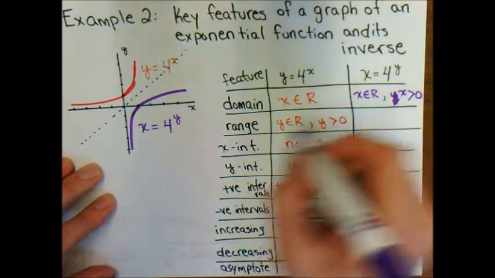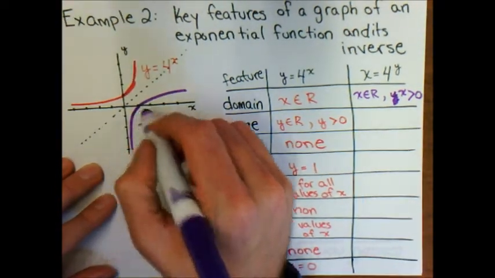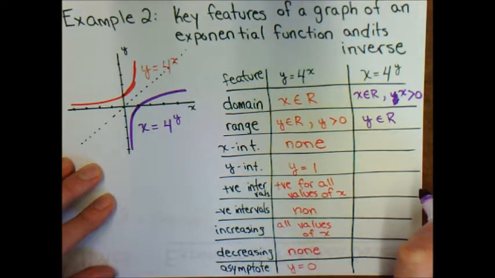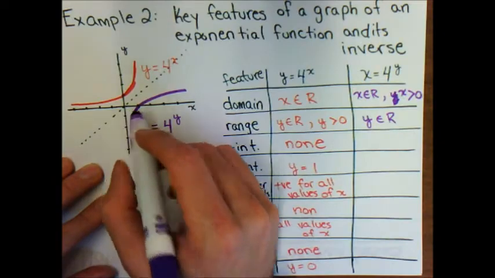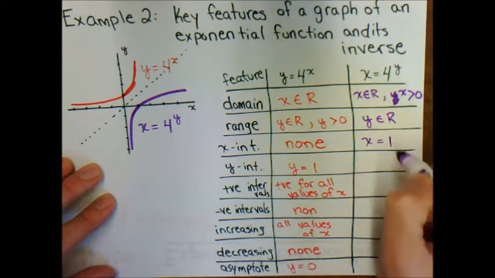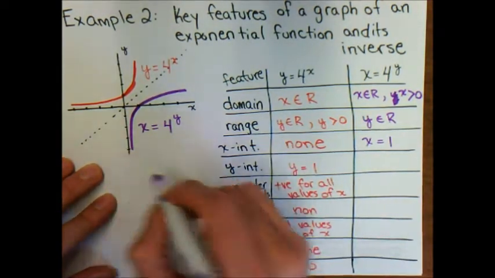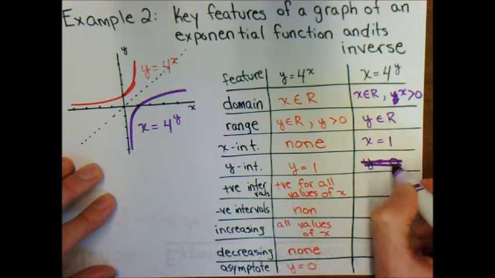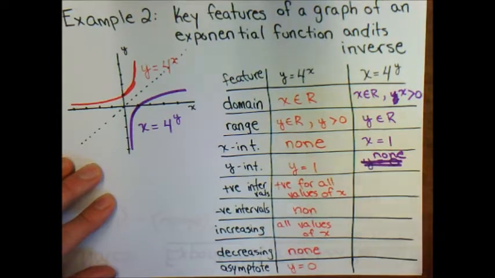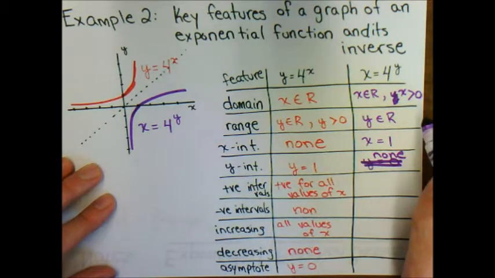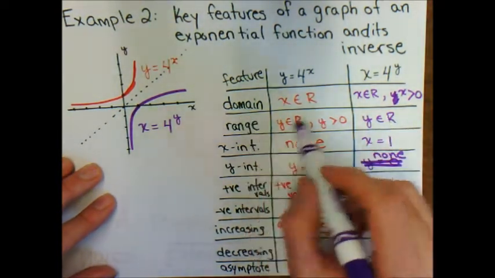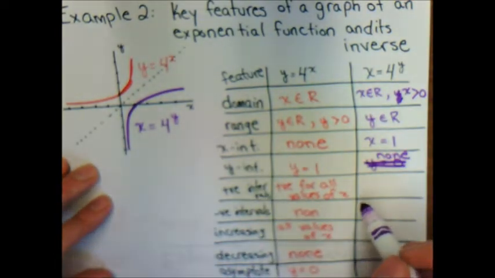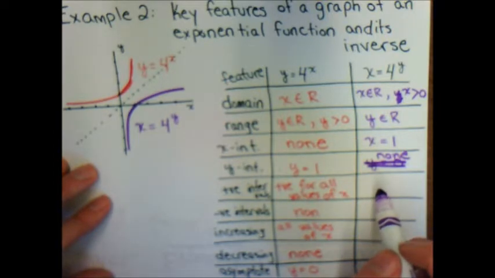And the range, there is no restriction on the range. Y element of the real numbers. X-intercept, there is an x-intercept. It occurs at x equals 1. There is no y-intercept. I hope that we are starting to see a pattern here between the domain and range of these two functions, as well as the x and y intercepts for these two functions. Let's see if that pattern continues.